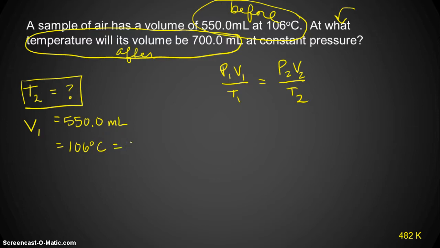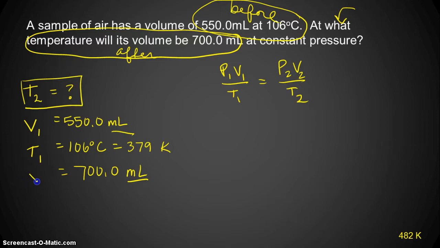I'm sorry, 106 Celsius is 379 Kelvin. That is a temperature, and that temperature is also part of my before condition, so that's T1. They want to know what the temperature will be, so there's my T2, if the volume is 700 milliliters, so I have 700.0 milliliters. Notice that I have milliliters and milliliters. That's good. They correlate, so I don't have to worry about converting those.